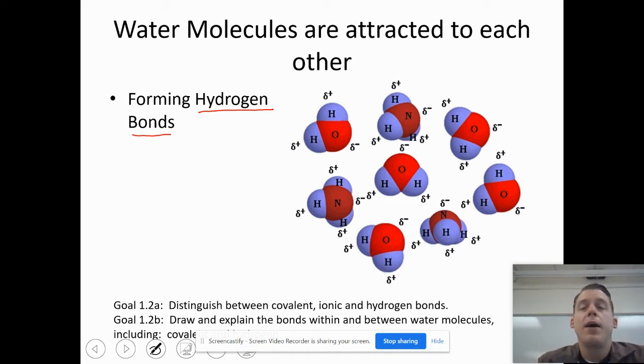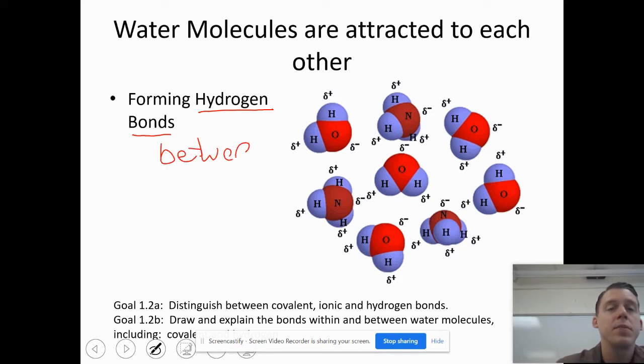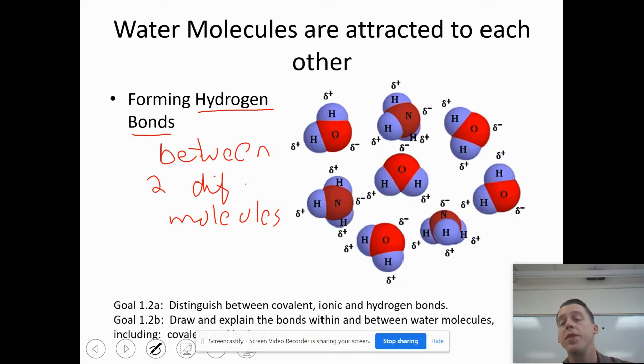So a hydrogen bond is between two different molecules. All right, so it's not within, it's between.